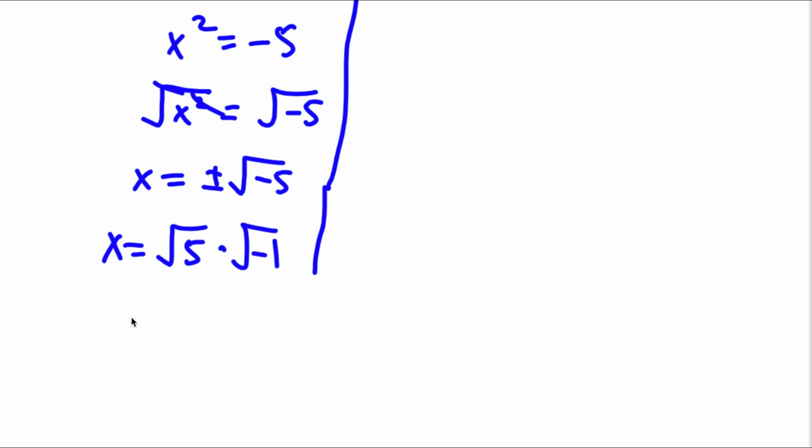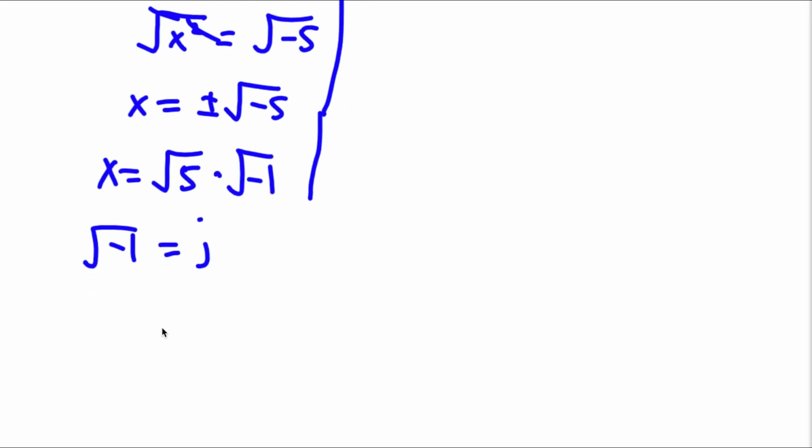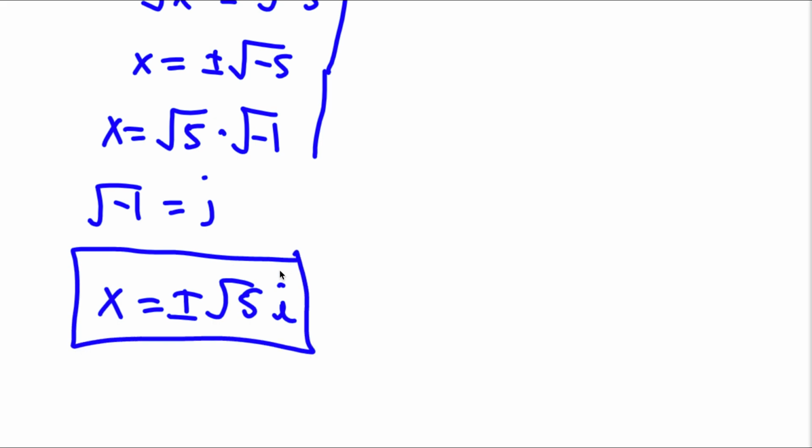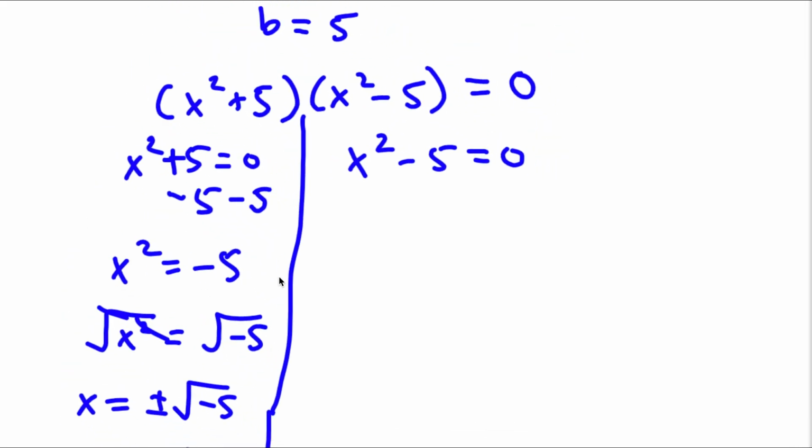And if you didn't already know, the square root of -1 is equal to the imaginary number i. So now this will give me x is equal to plus or minus the square root of 5i. So this is our first two solutions to this problem.